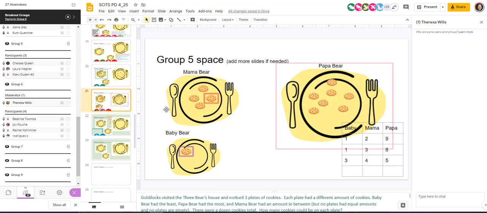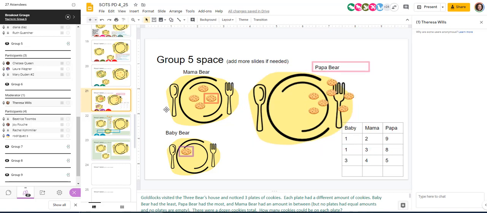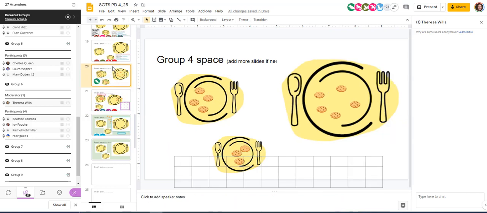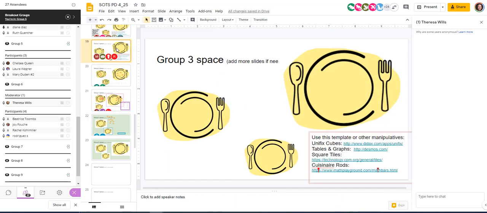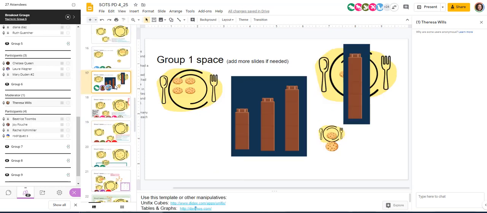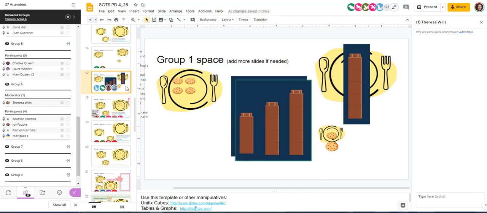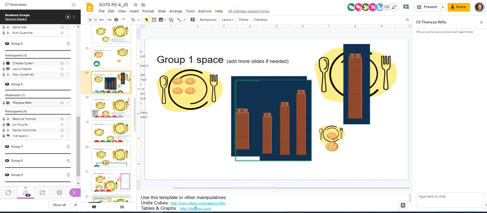Okay, reading the problem again, it said that Baby Bear had the least, Papa Bear had the most, and Mama Bear had an amount that was in between, but no plate had equal amounts and no plate was empty. And there's a dozen cookies. So what do we think? That's what I was trying to do here with this chart, but the table is not cooperating with me.